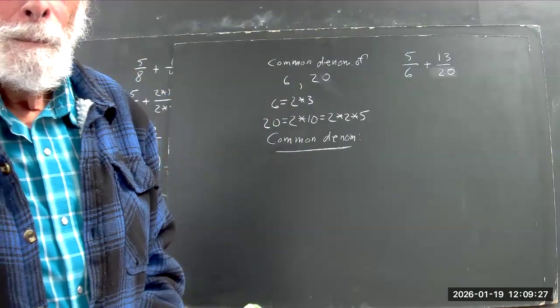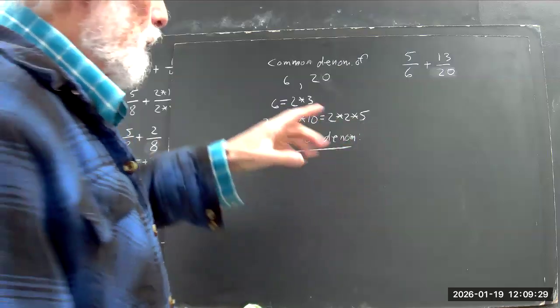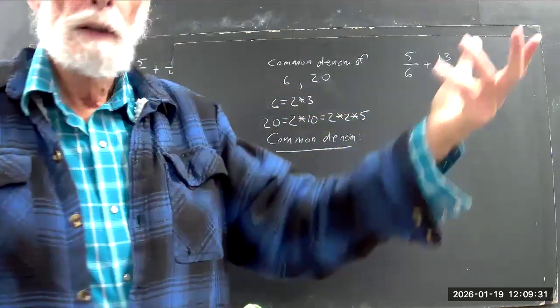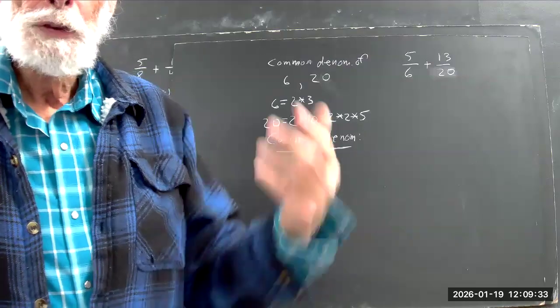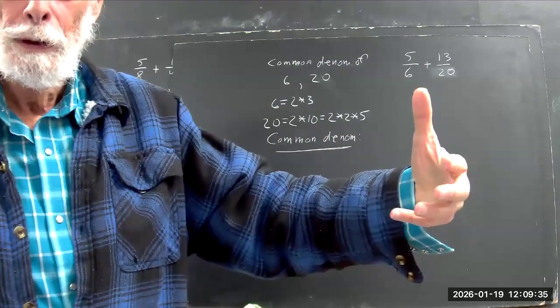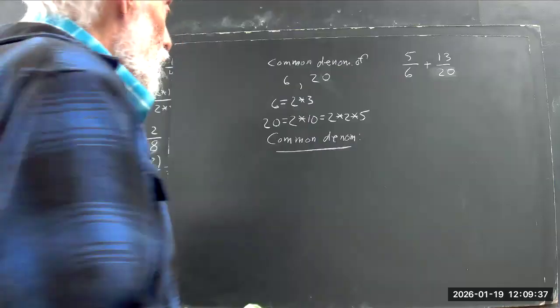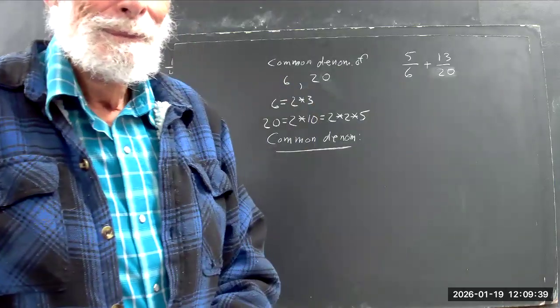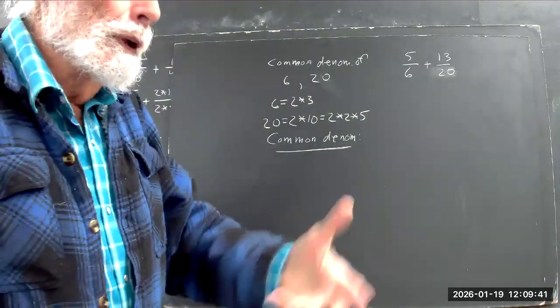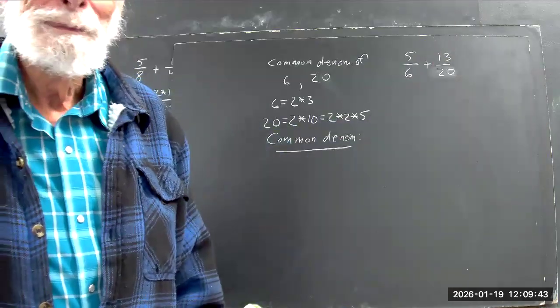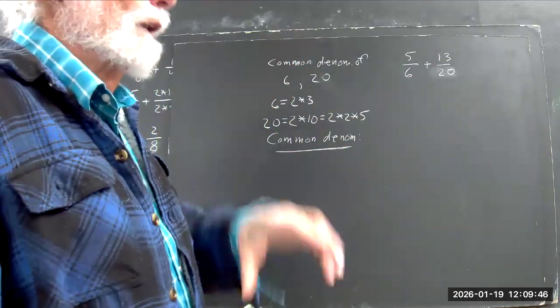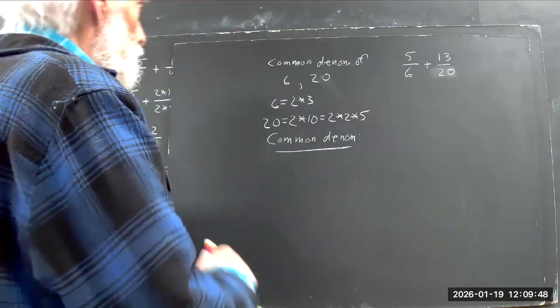Okay. Now I will tell you that if you just multiply 6 by 20, you get 120. So 6 has to go into it and 20 has to go into it, right? But we want a smaller number if we can get one, because we don't want to deal with big numbers. We don't want to deal with numbers that are bigger than we absolutely have to.